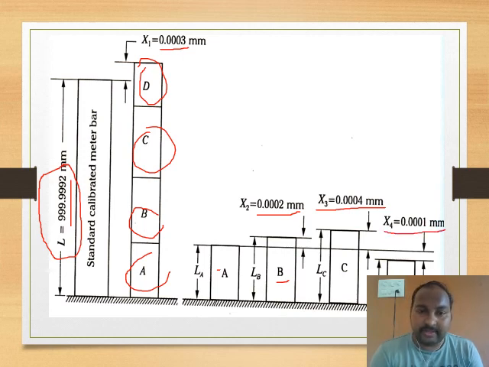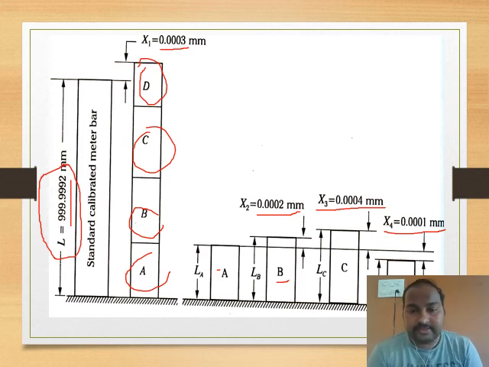So I am getting equations 1, 2, 3 and 4. Write them as four equations and substitute for each value, and you will get the LA, LB, LC and LD values. This is how you need to solve the problem.